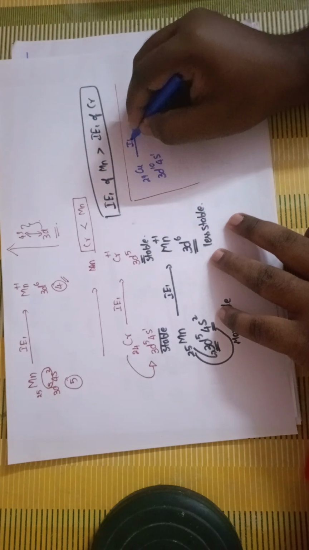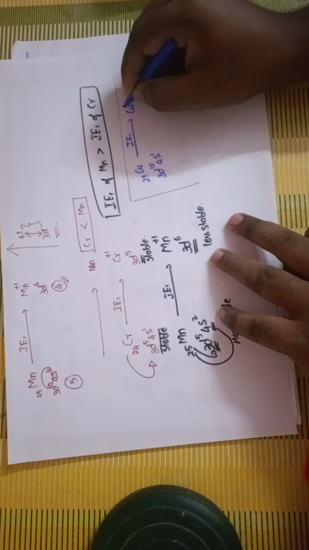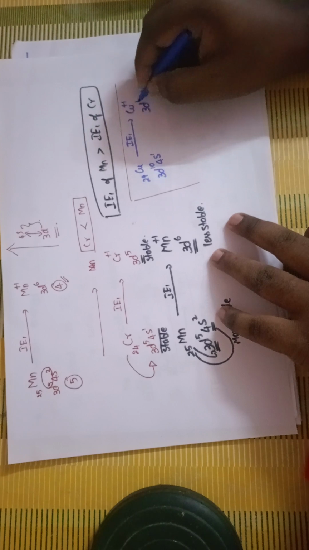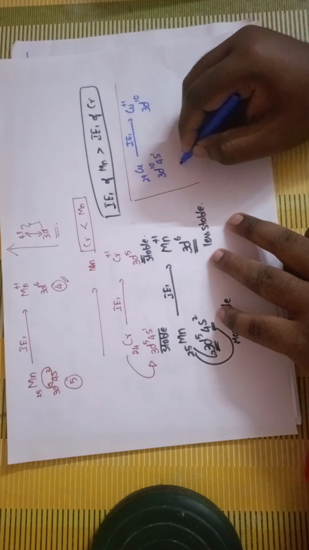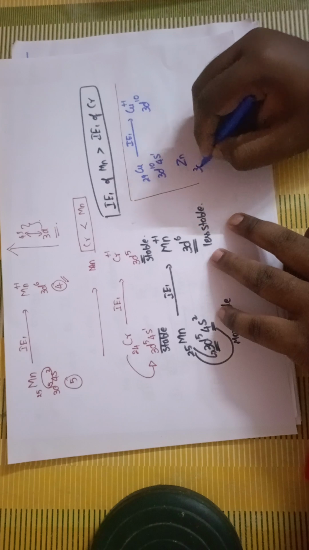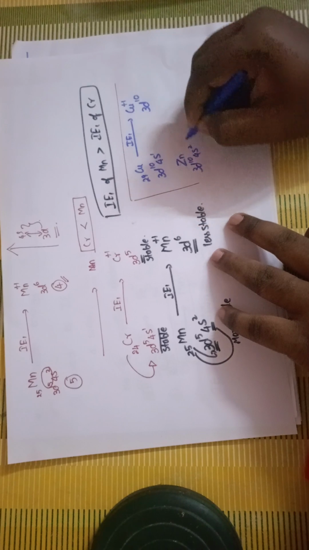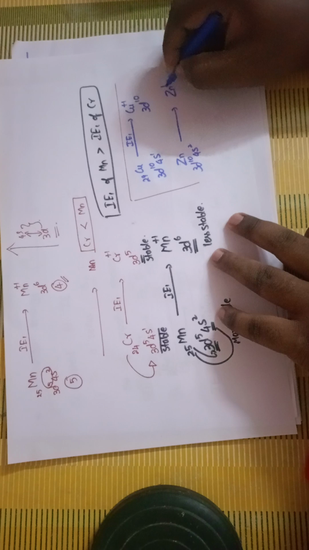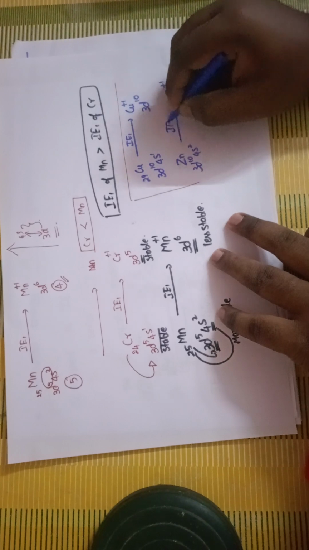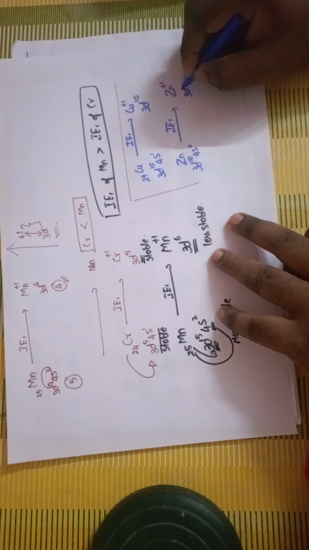From this I am going to remove one electron, so copper will get the configuration Cu plus 1. Now 3d10. Zinc 3d10 4s2. From this to Zn plus 1 IE1, the configuration is 3d10 4s1.